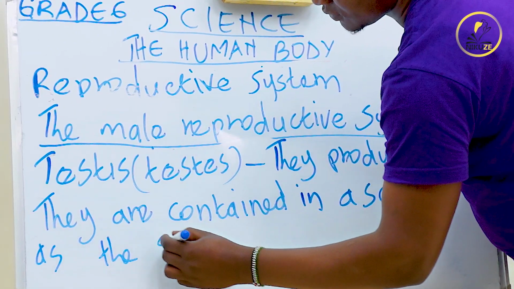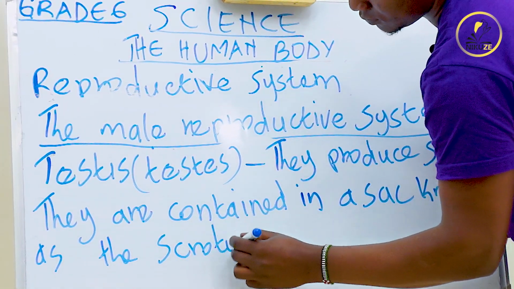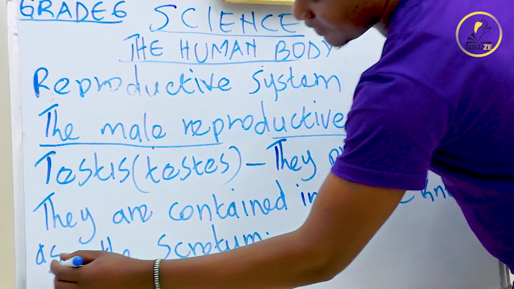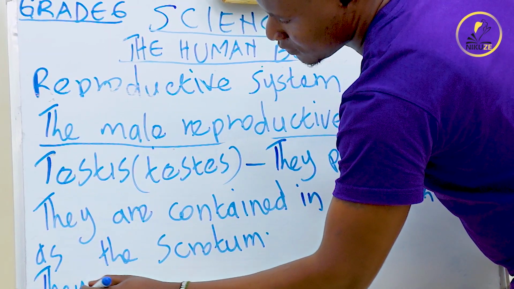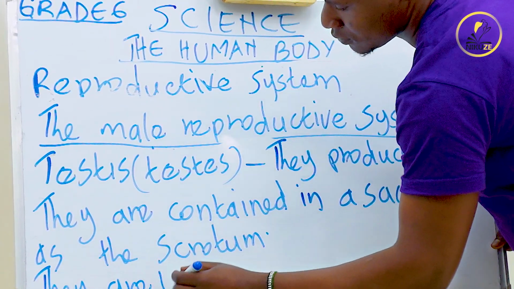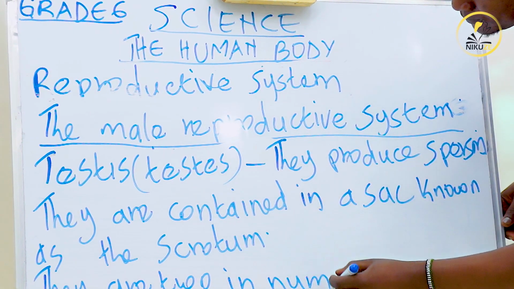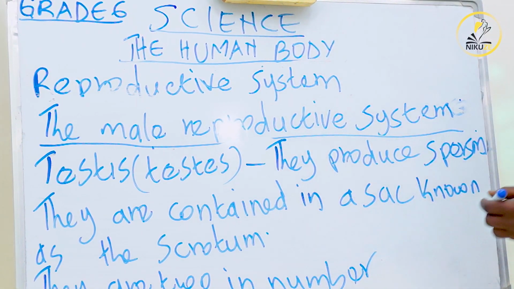And then lastly, they are 2 in number. So the main function there is that they produce sperms.